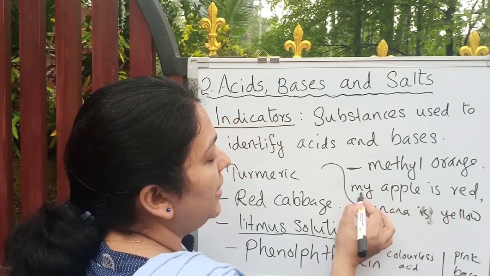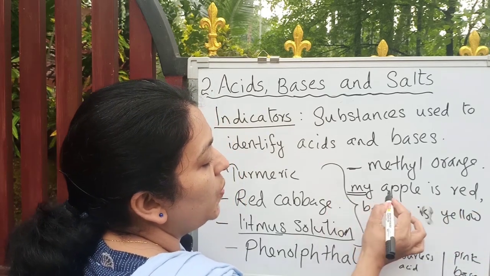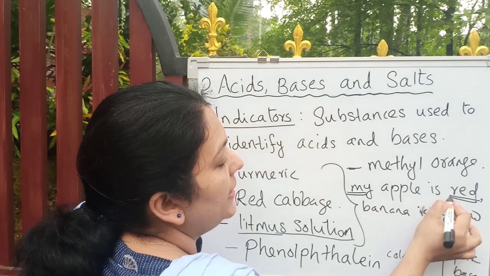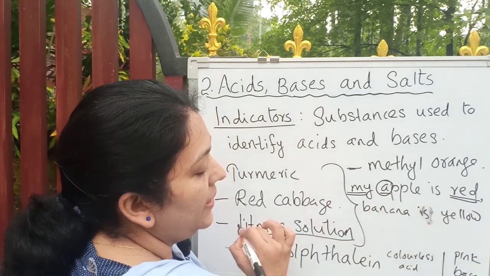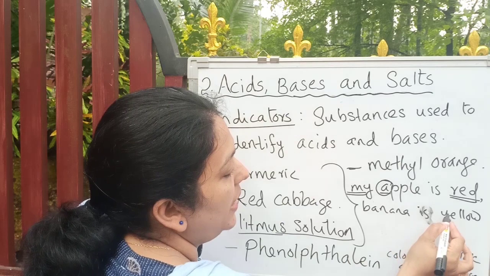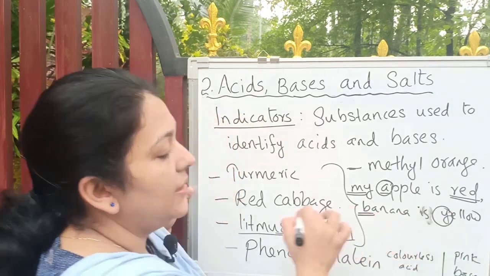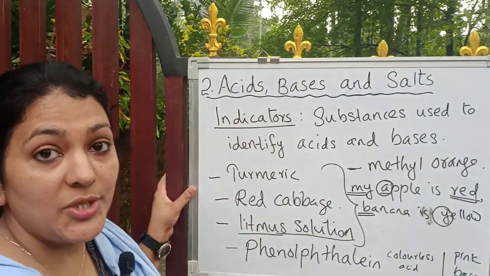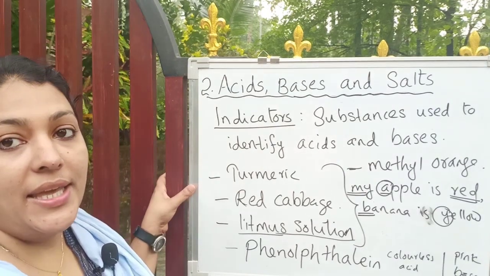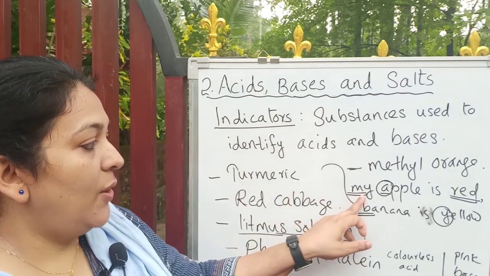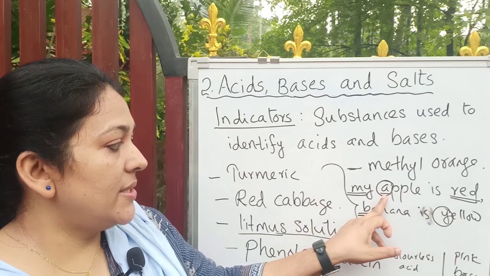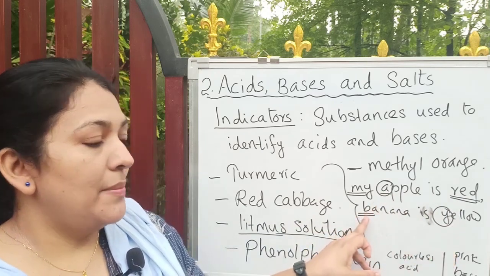My apple is red, that is, methyl orange shows red color in acid and yellow color in base. Don't forget: my apple is red, banana is yellow. Methyl orange shows red color in acid, yellow color in base.